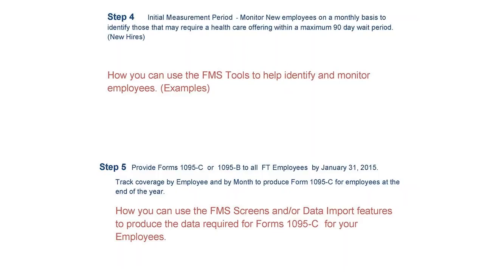So at the end of the year, the IRS is going to have all those forms from all the health providers or who offered coverage to employees, and they're going to match that up to determine, do employees get penalties, do employers get penalties, and that kind of thing. So now we have to fill these forms out and give them to the employees by the end of January. We have to send a copy to the IRS by the end of February or March if they're going to be electronic. So Chris is going to show you how to get all that data in the forms.